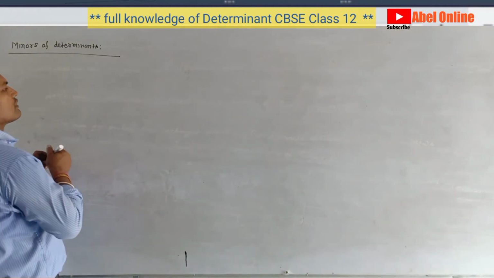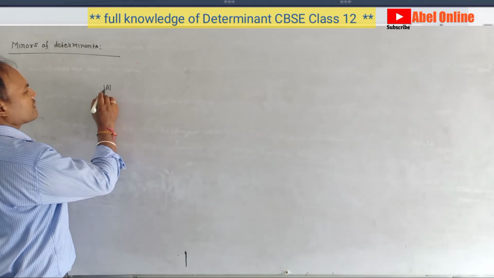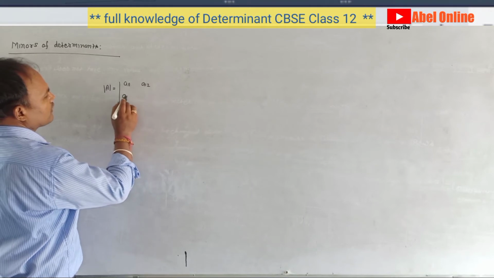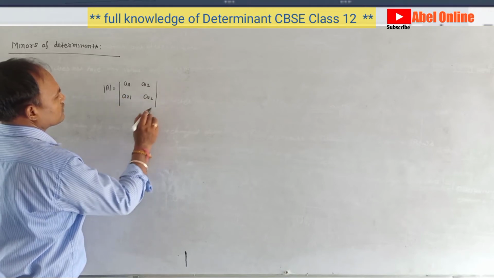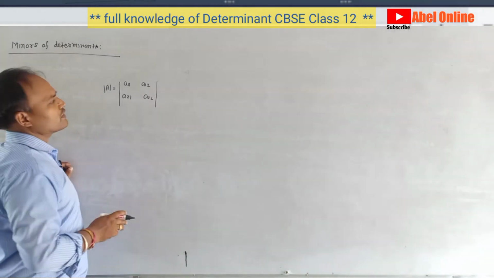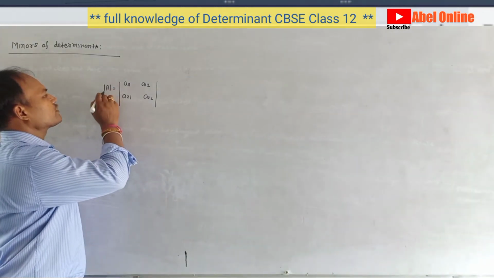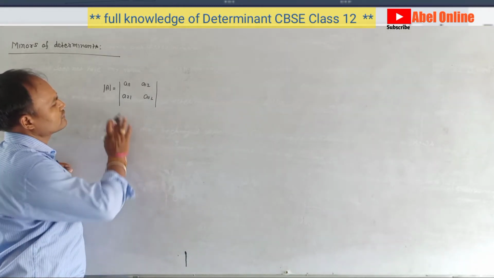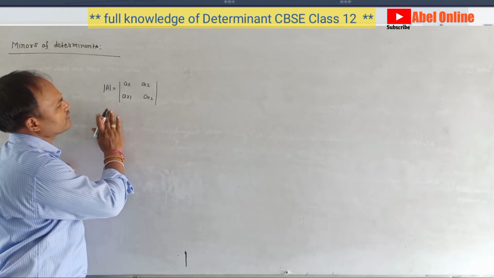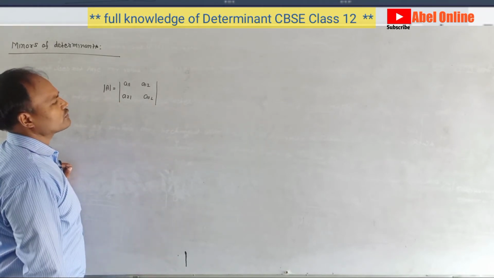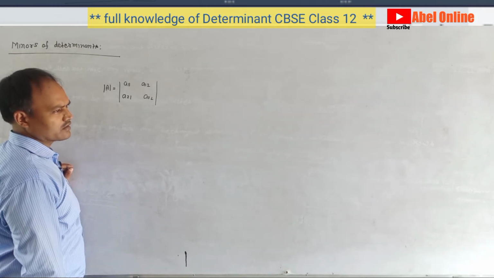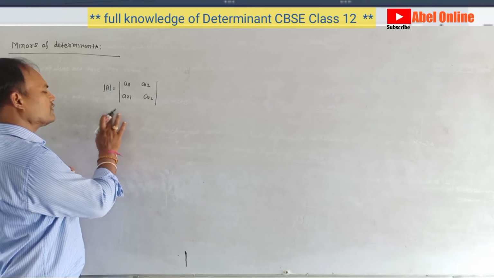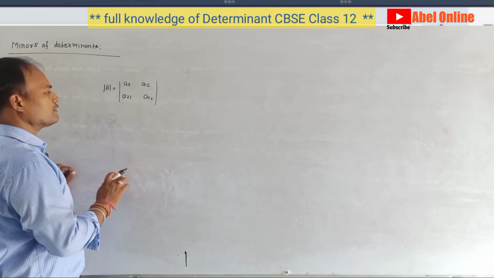Suppose a determinant A is given, denoted by A11, A12, A21, A22. This is a determinant and we have to find the minors.